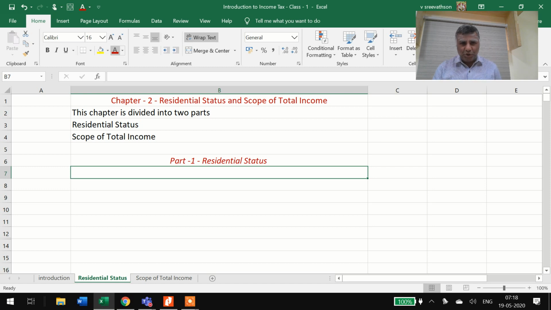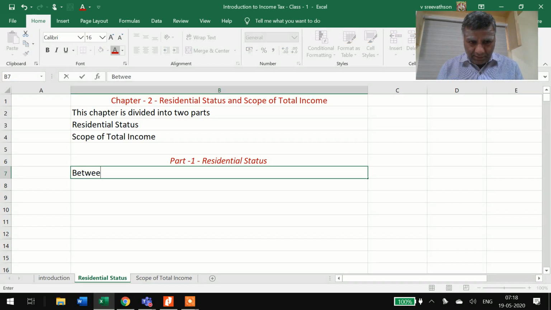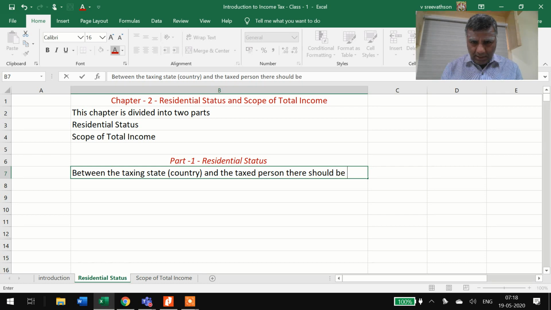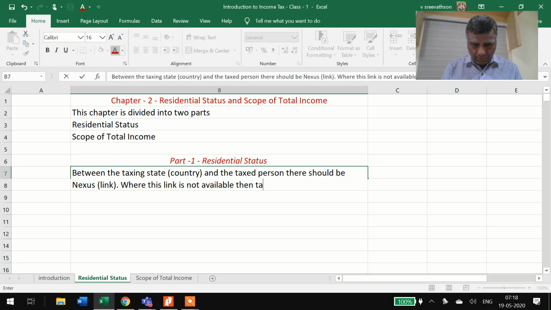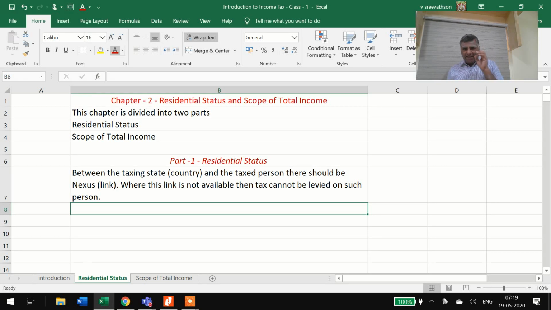Between the taxing state, in international terms, we have to understand it as country, and the taxed person, there should be a nexus, which is nothing but a link.